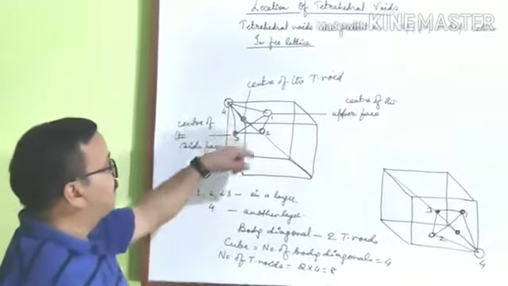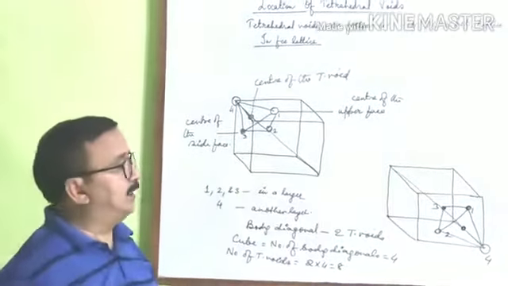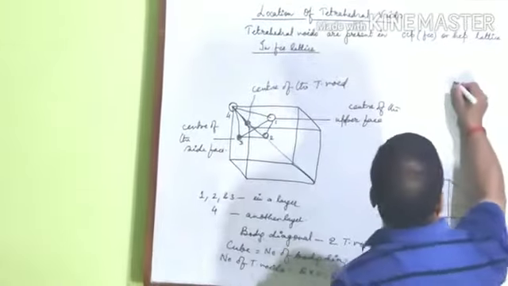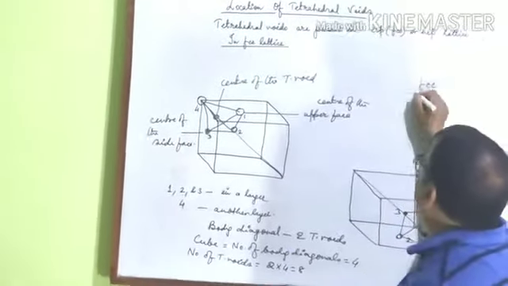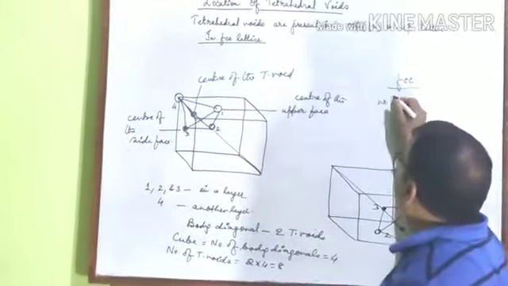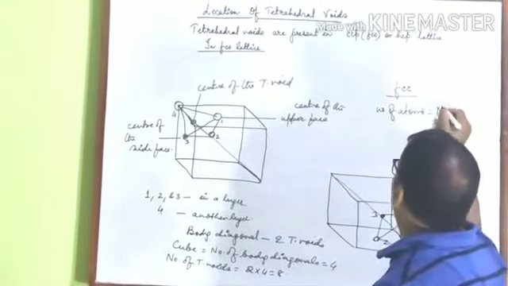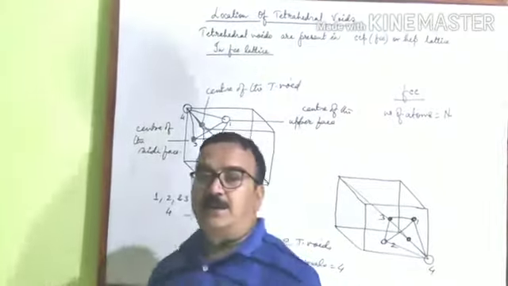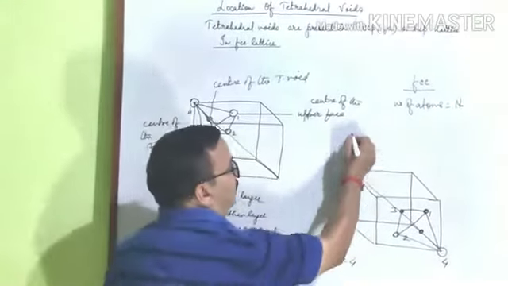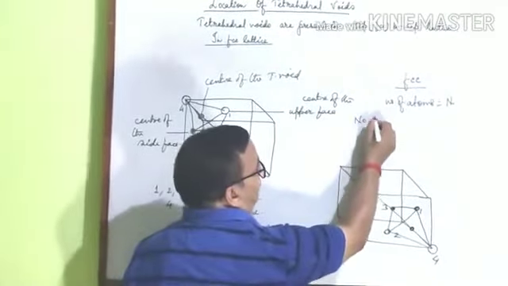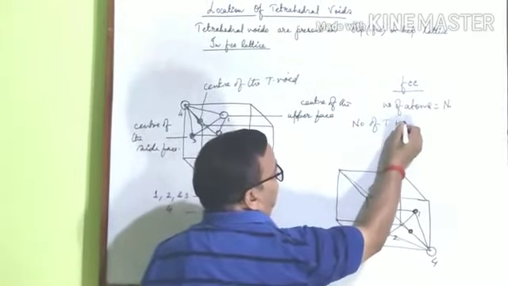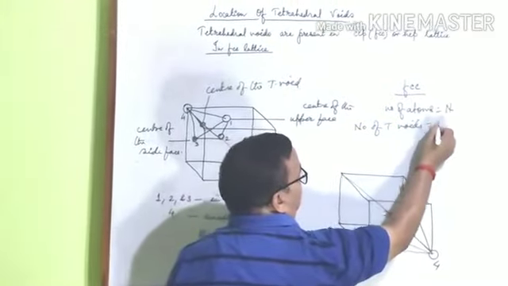Now since we have considered an FCC lattice, suppose the number of atoms is equal to n. Then how many tetrahedral voids will be formed? The number of tetrahedral voids will be equal to 2n.